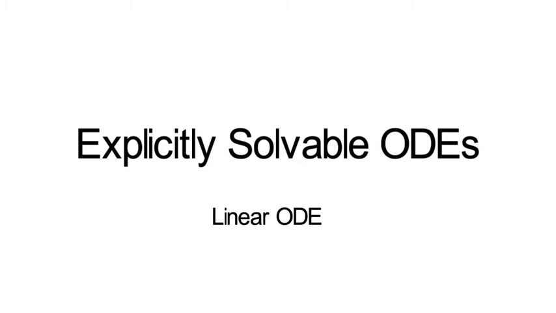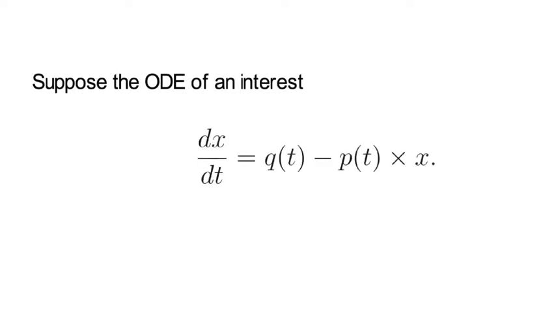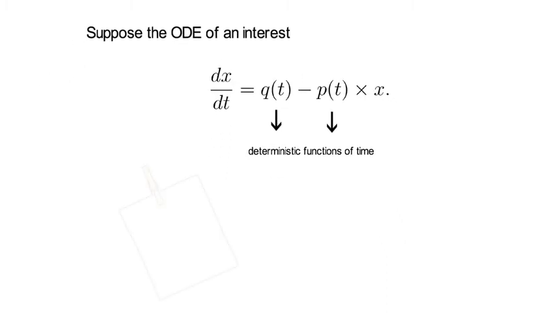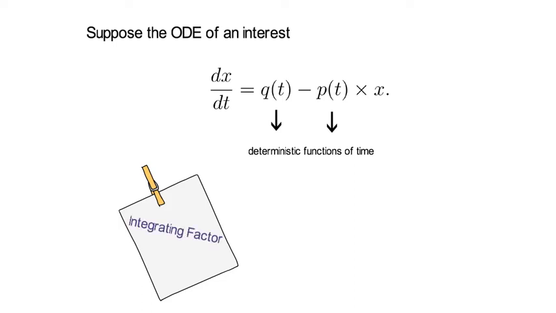that very long tradition. So suppose the ODE of interest reads as follows, where the q and the p functions are deterministic functions of time only. The solution technique works with the really famous concept of the so-called integrating factor and follows the following cookbook recipe.